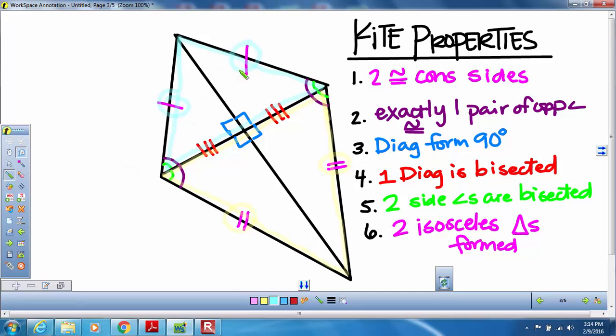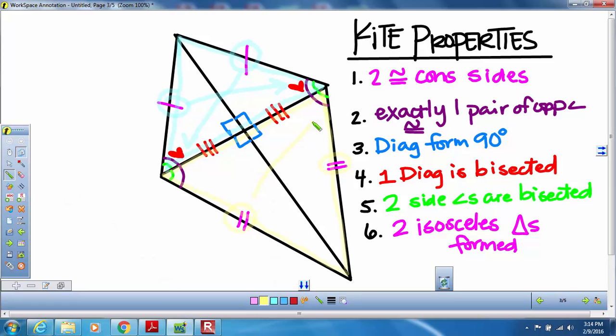What's neat about this is if this is an isosceles triangle, that means the angles across from the sides are congruent. So here we would have this angle right here, and I drew a heart to symbolize it, would be congruent to this angle here. And it would be the same for this side.